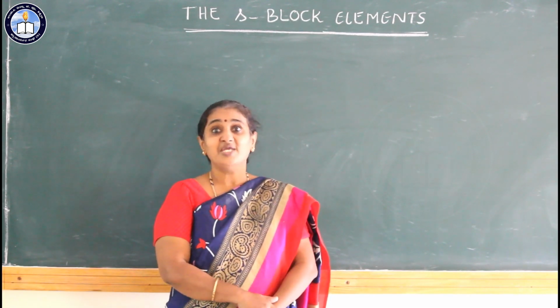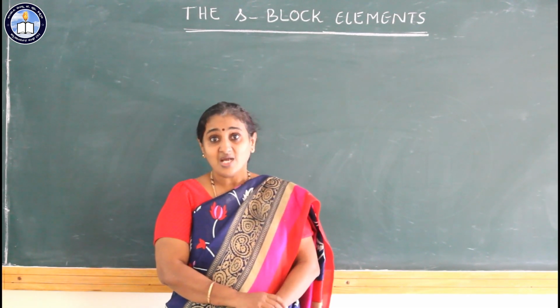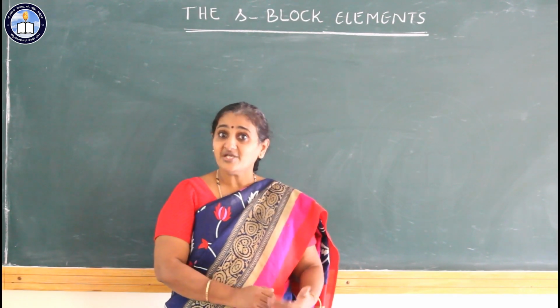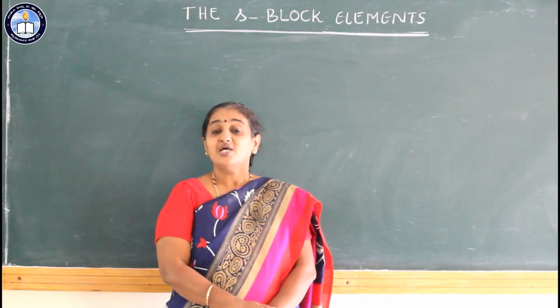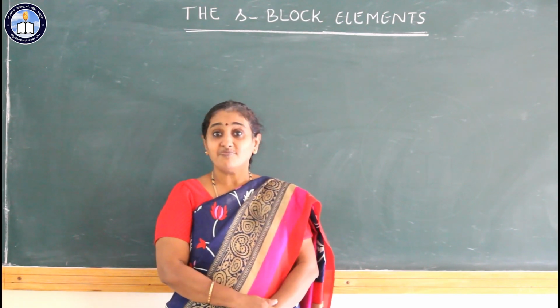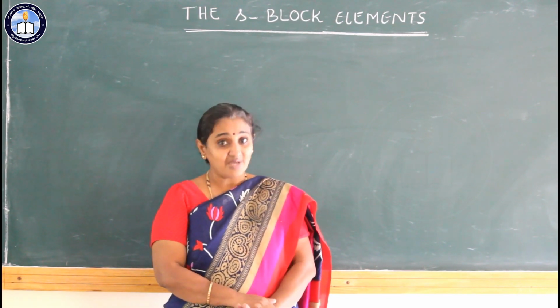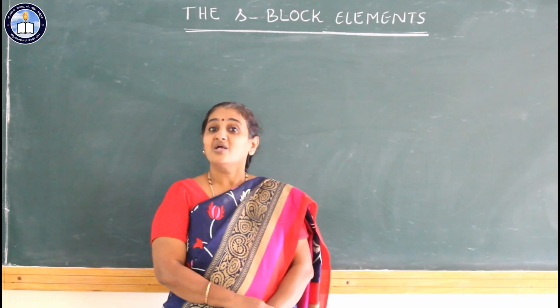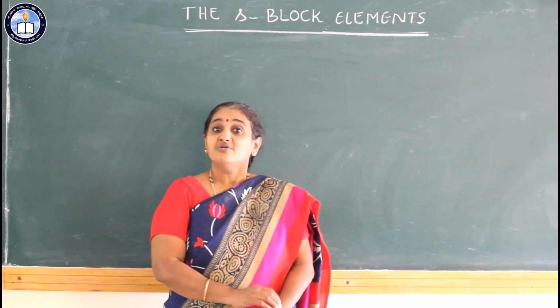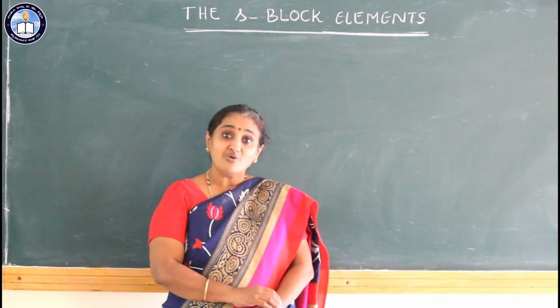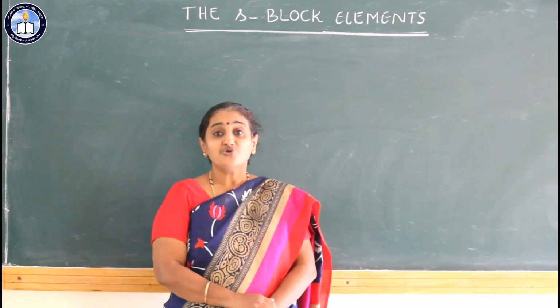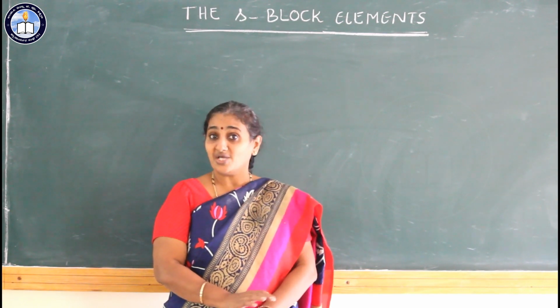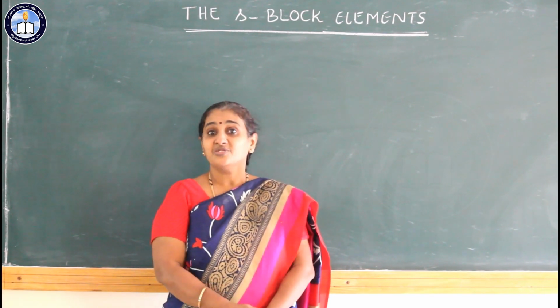Then the anomalous behavior of lithium and how lithium is different from other members of that group, the diagonal relationship between lithium and magnesium, and some important compounds of sodium. Under that, we learned sodium carbonate, washing soda.